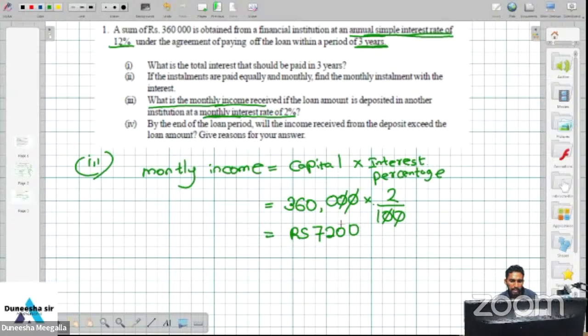You have to multiply 7,200 by 36. බලන්න 36න් වැඩි කරලා එතකොට එයාගේ එනවා income. Deposit income. 7,200 multiplied by 36. Get the answer.